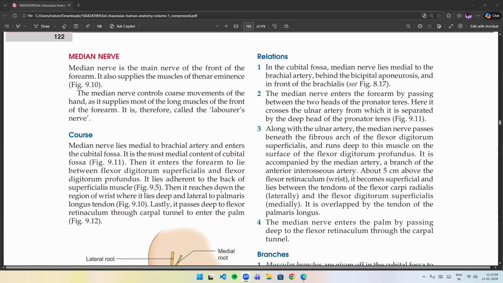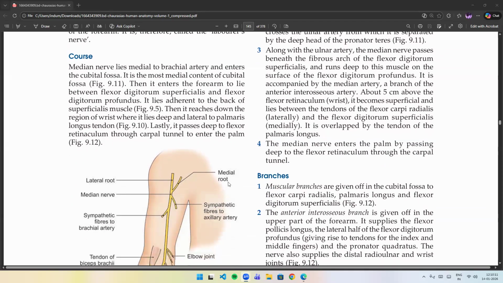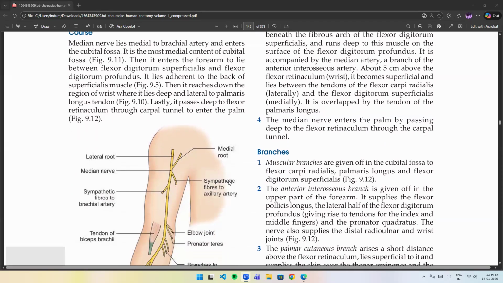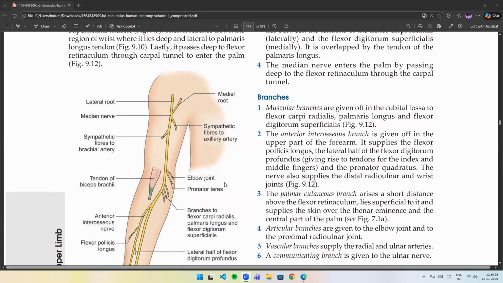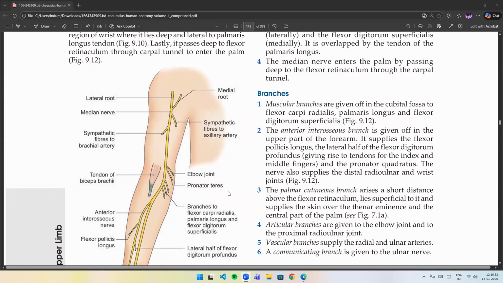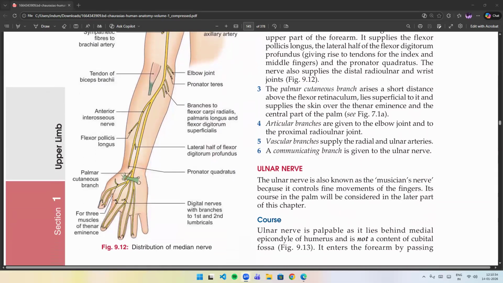It lies adherent to the back of superficial muscle, figure 9.5. Then it reaches down the region of wrist where it lies deep and lateral to the palmaris longus tendon, figure 9.10. Lastly, it passes deep to flexor retinaculum through carpal tunnel to enter the palm, figure 9.12.